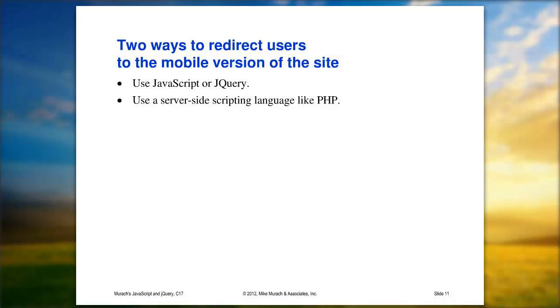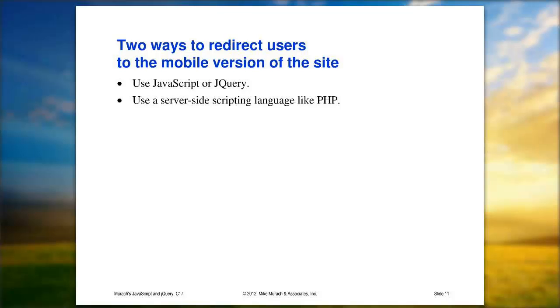So in order to have a separate set of files for the mobile version, when the user lands on our website, www.xyz.com, which is my desktop version, we need a way of detecting that they're on a mobile device, and then a way of directing them to our mobile files, because our mobile files are going to be somewhere else.